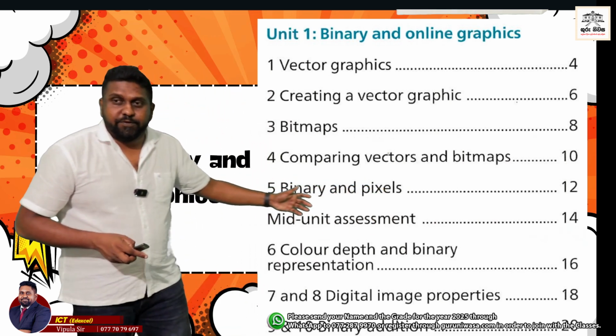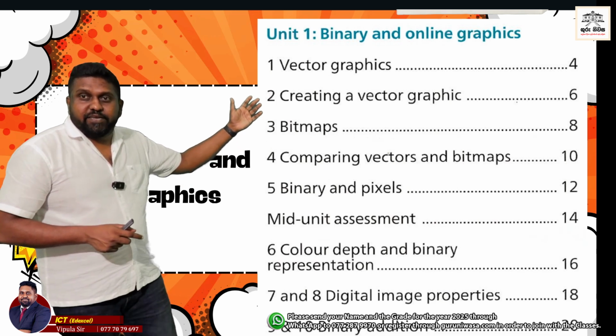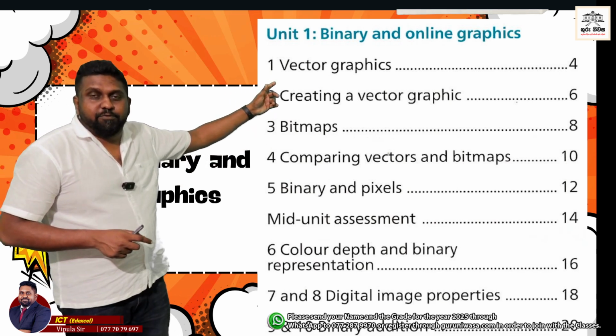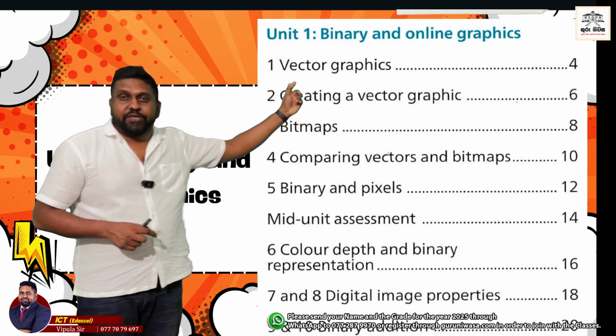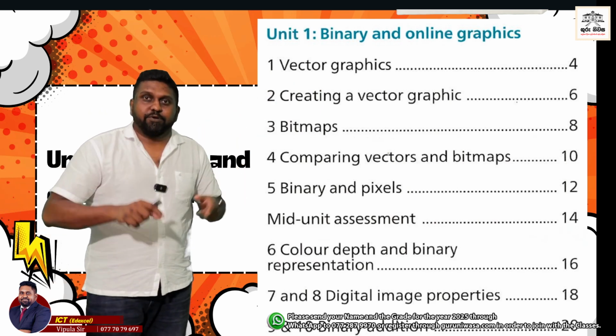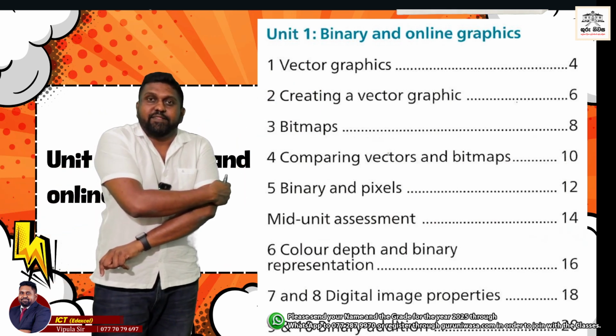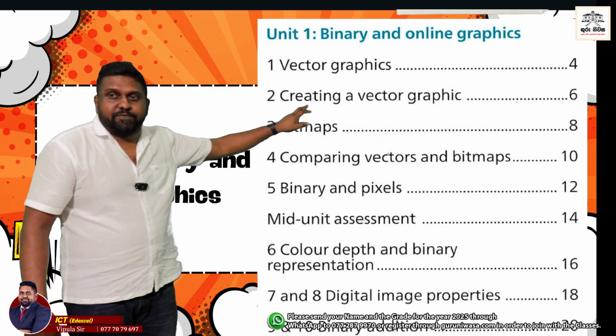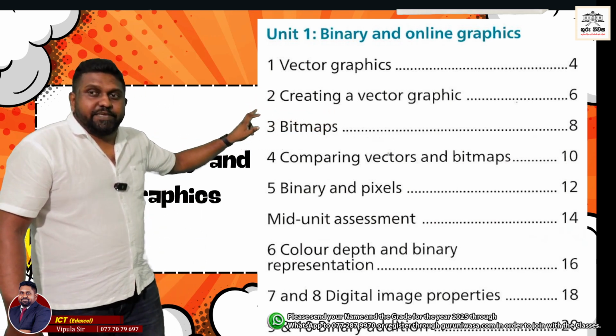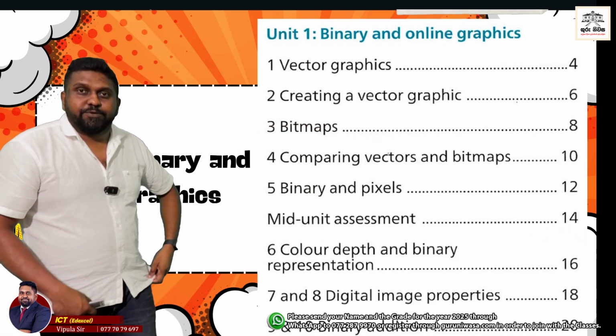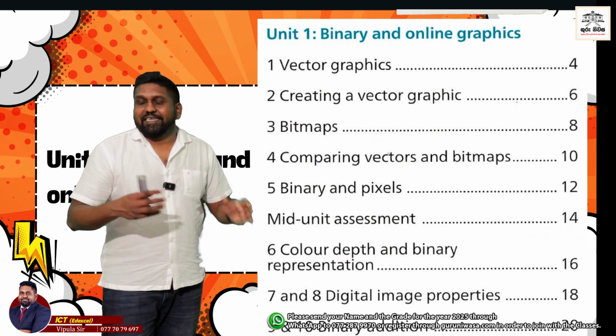We talk about how a vector graphic is built, how to draw vector graphics, and the creation part of a vector graphic. Then we talk about bitmaps, and the difference between a vector and a bitmap.